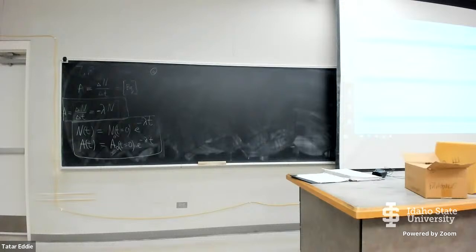And since the chemical properties of carbon-14 are identical to the chemical properties of carbon-12, normal carbon, living organisms constantly absorb, together with their food, carbon-14.